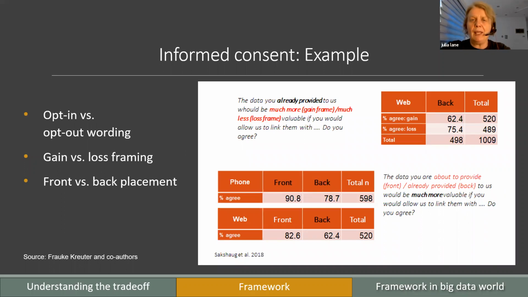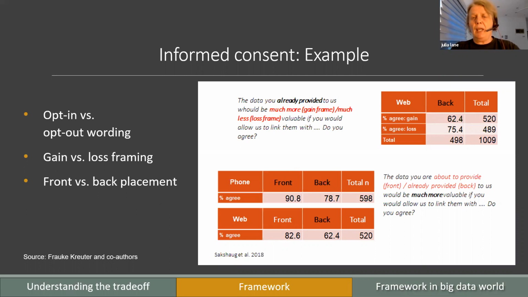Even when you try to explain it as carefully as possible, Frauke Kreuter has done a fair bit of work in this area. You ask in a controlled environment, with a field interviewer and a respondent sitting in front of you, and you're trying to explain what the trade-offs are. The response you get can differ wildly depending on whether you ask, do you opt in or do you opt out?